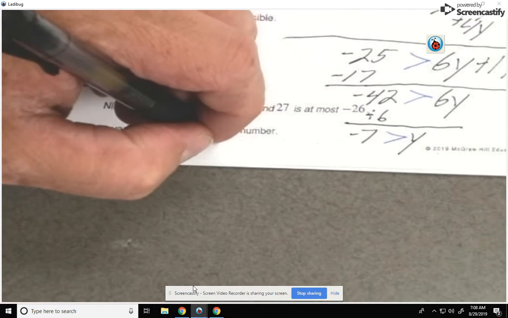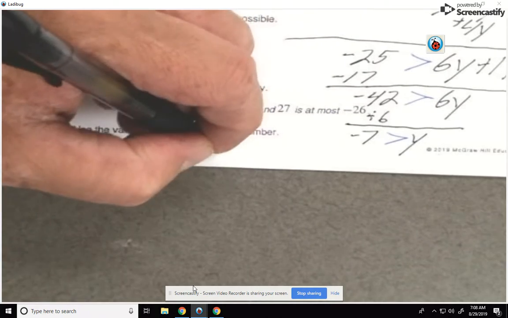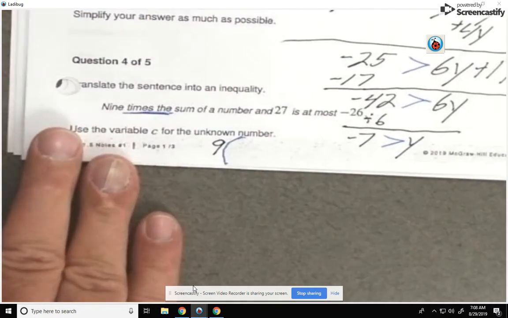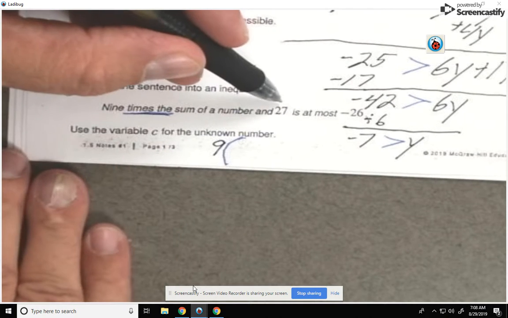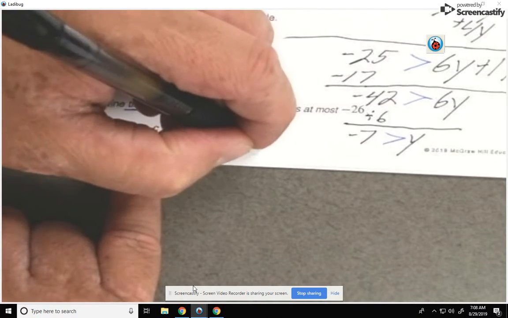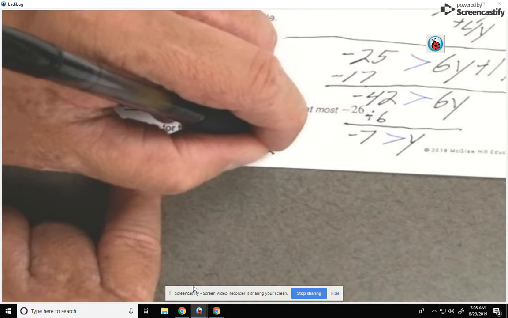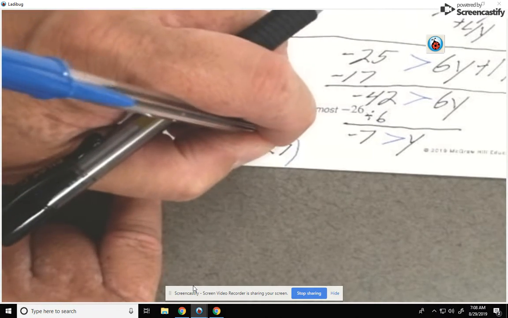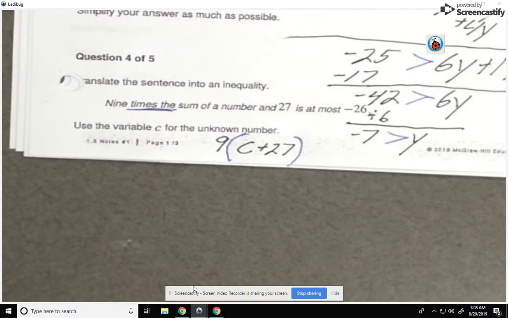So here we have 9 parenthesis, okay, they say the sum of a number and 27, again, they're telling us to use C as our number, so sum we know is addition, so we get C plus 27, close parenthesis, is at most negative 26.